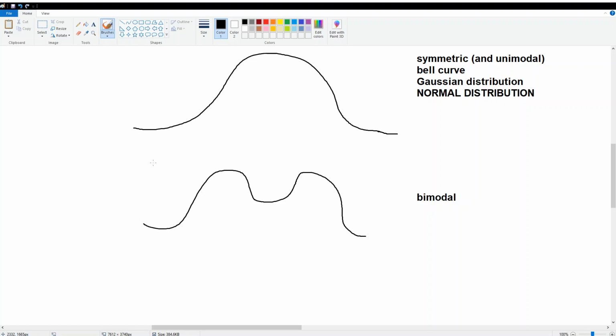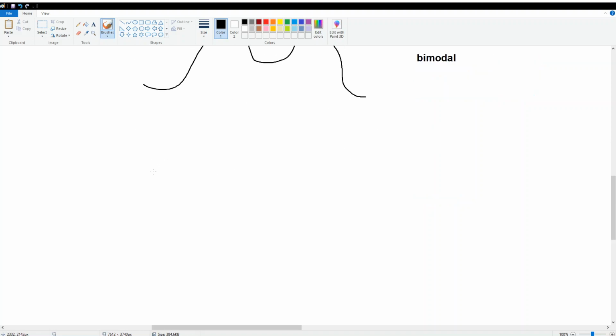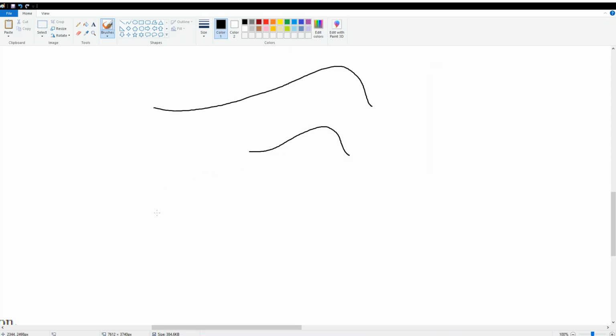We then have what are called asymmetric distributions, and as the name implies, they are not symmetric. So it could look like this, or it could look like this. We could also have it be the other way. It could look like that, or it could look like that. These are all asymmetric.